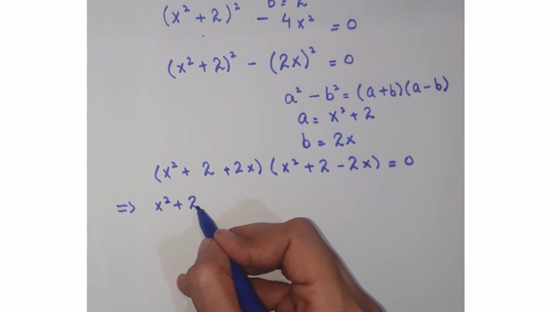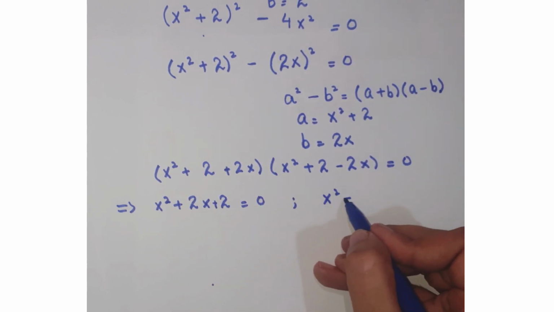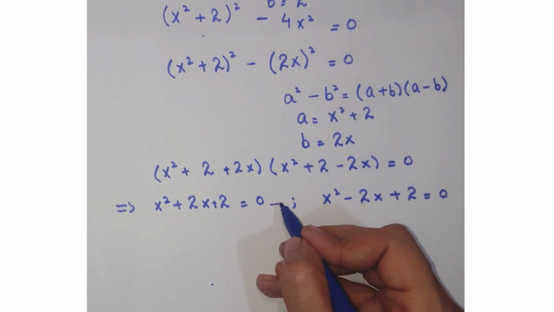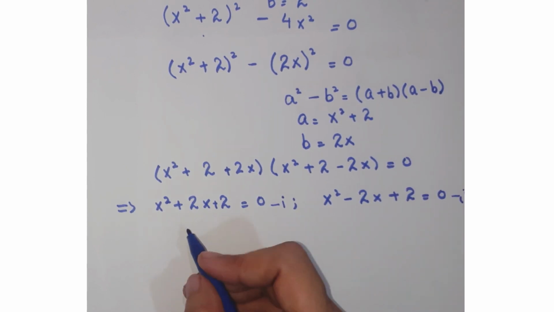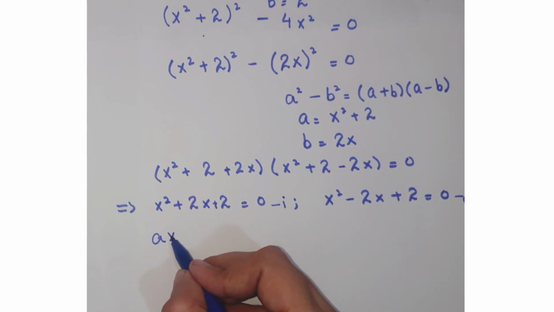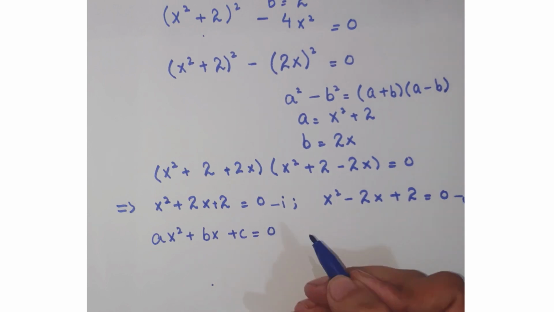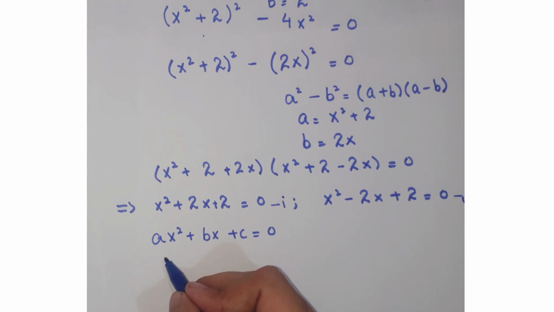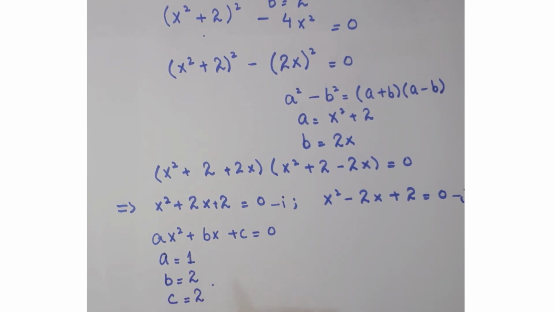You can rearrange it like this: x squared plus 2x plus 2 equals to 0 and x squared minus 2x plus 2 is equal to 0. Let's say this is equation 1 and this is equation 2. Now comparing equation 1 with the standard quadratic equation, that is ax squared plus bx plus c is equal to 0, we have the coefficients of this quadratic: a is equal to 1, b is equal to 2 and c is equal to 2.